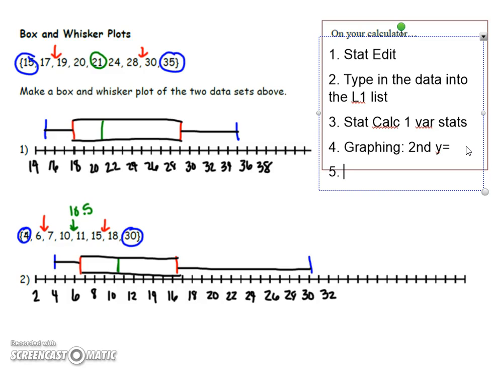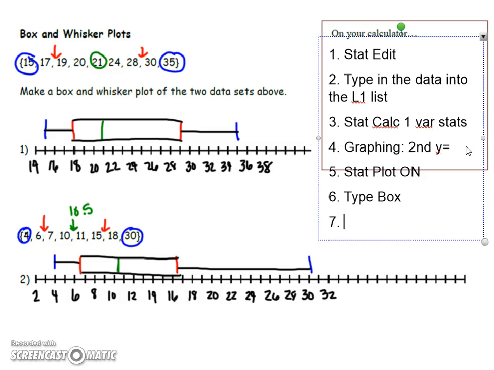Then you're going to go to Stat Plot and turn it on, and we want the type to be a box, and then for our zoom we want to do zoom stat, and lastly, if you want to look through your data, you would hit the trace button. So these are the steps that you can practice if you'd like to do it on a graphing calculator.